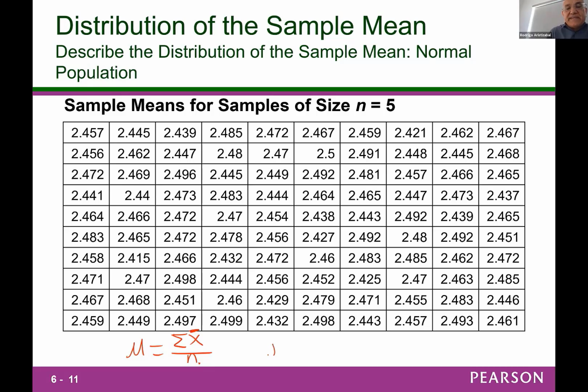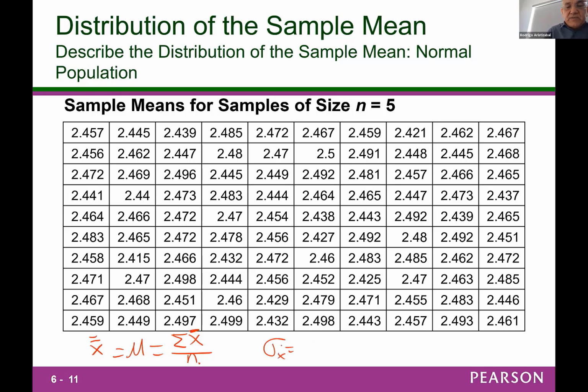We use this symbol in a statistic, the mean of all means. And here we use the standard deviation for all of these values.